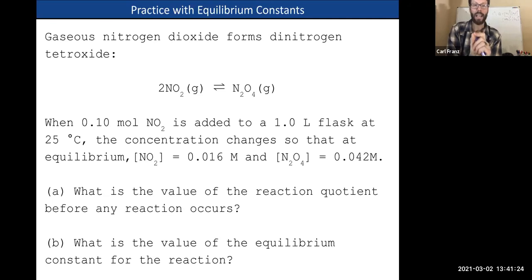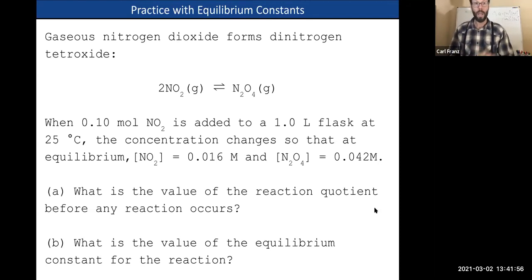And what we're saying is when we have 0.10 moles of nitrogen dioxide and we add it to a 1 liter flask at room temperature, the concentration changes so that at equilibrium, nitrogen dioxide is at 0.016 molar and dinitrogen tetroxide is at 0.042 molar.